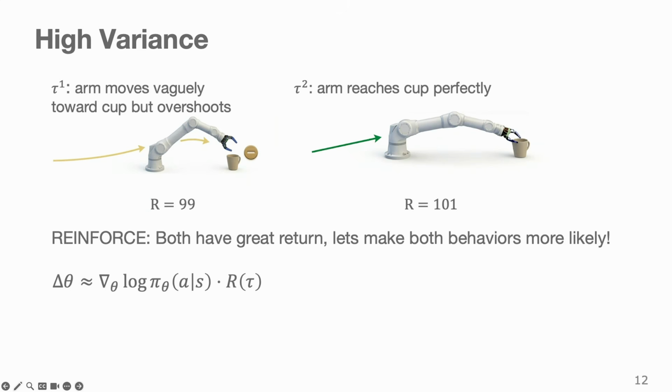Okay, so with this we have fixed causality, but there is another problem with the REINFORCE method, which is the high variance that I mentioned. Imagine we have two trajectories: one is the same that overshoots, but we get a reward of 99, and the other one is a perfect trajectory and gets a reward of 101. Effectively, the signal between these two trajectories is 101 minus 99, that's 2.